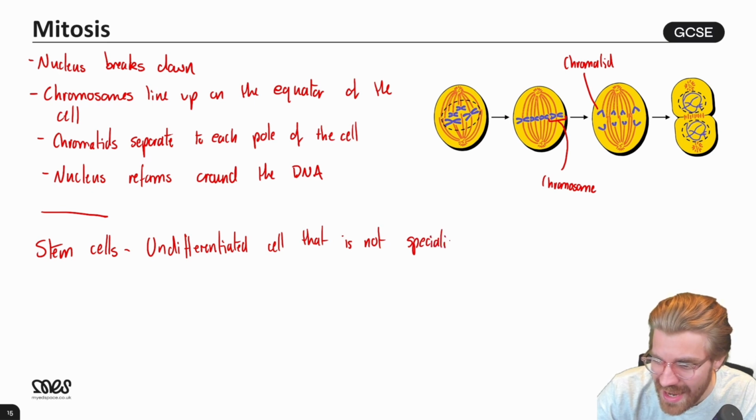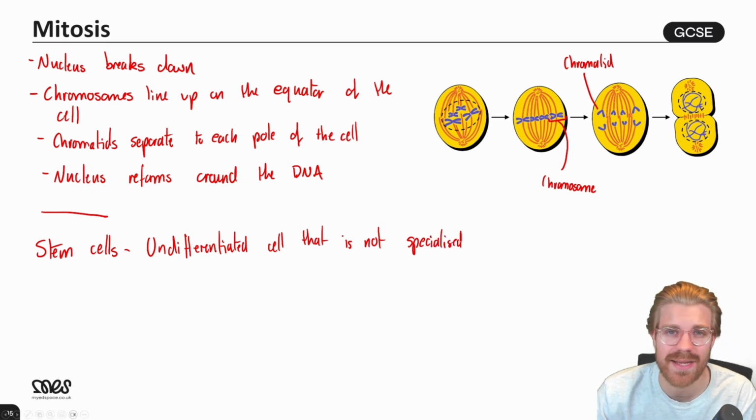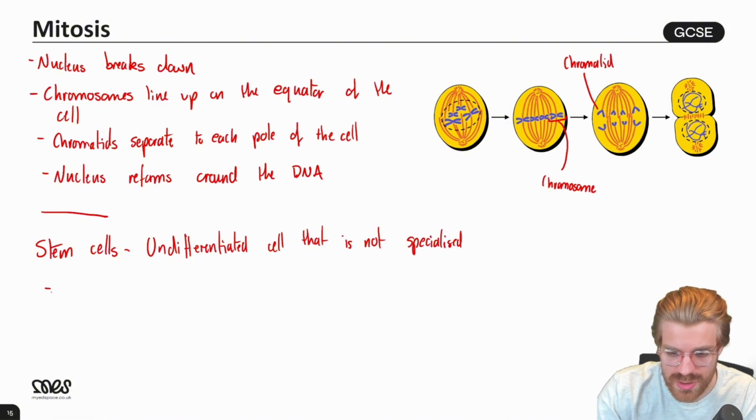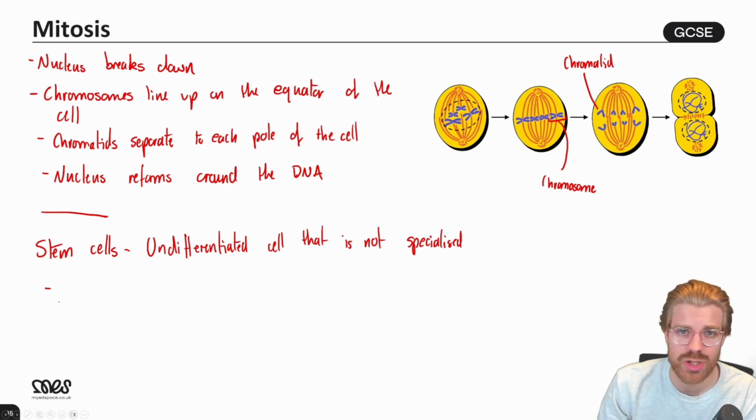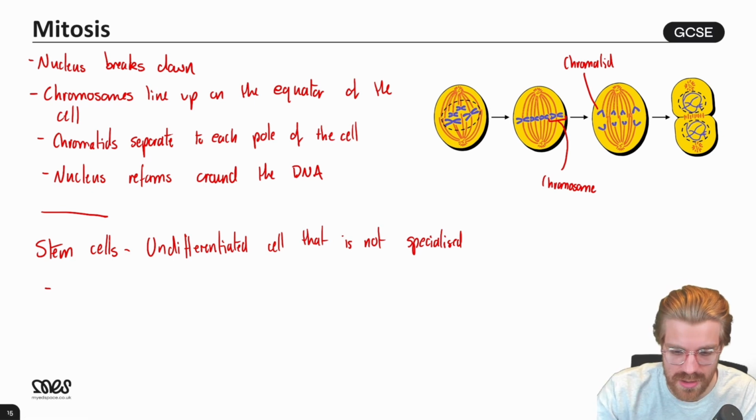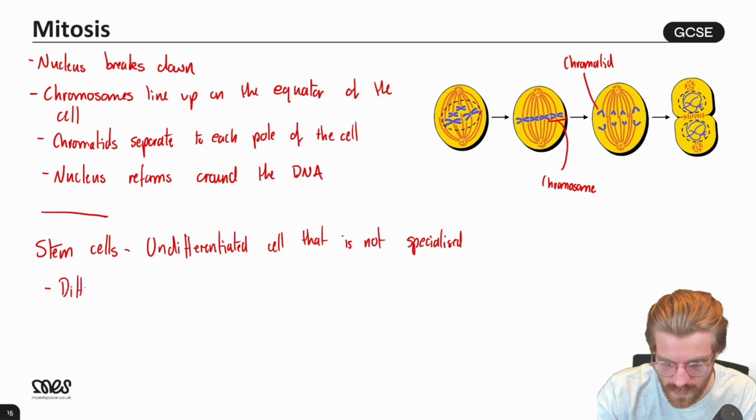It does not yet have any of those specialized adaptations that we looked at earlier. Now, the stem cells, when they differentiate, that is when they become specialized. And stem cells are able to produce different types of cells. So differentiation, this is when the stem cell becomes specialized.